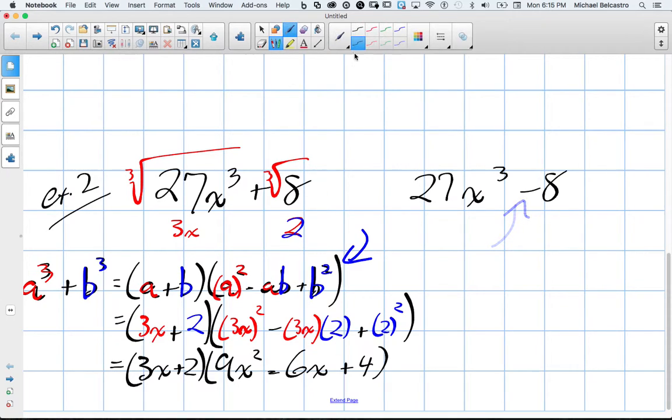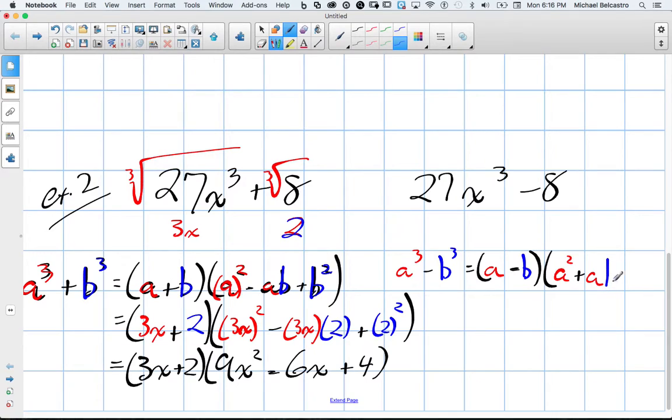The difference of cubes, I'll write them out again, is a cubed subtract b cubed is equal to a minus b, and then all addition in the other bracket values the exact same. So we have a squared plus a times b, so write ab, and then plus b squared at the end.